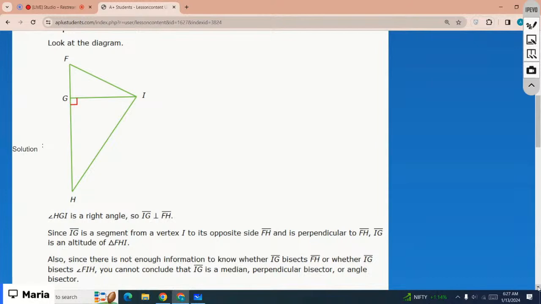Since IG is a segment from a vertex I to its opposite side FH and is perpendicular to FH, IG is an altitude of triangle FHI, right?